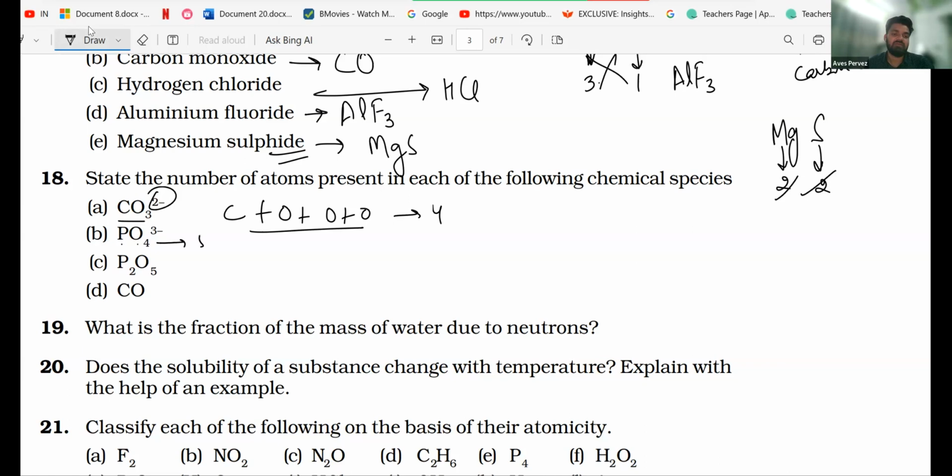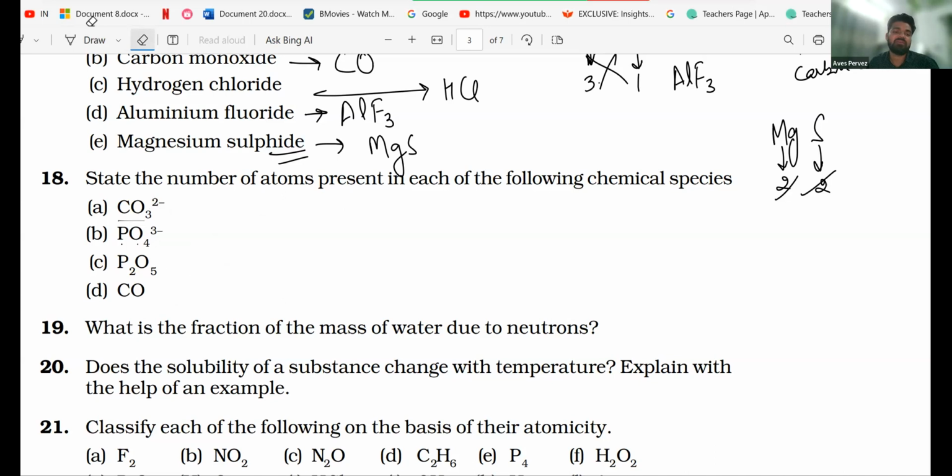Okay. In P2O5, it is 7. And it is 2. But it is not asking only how many, it is also asking to name the atoms.